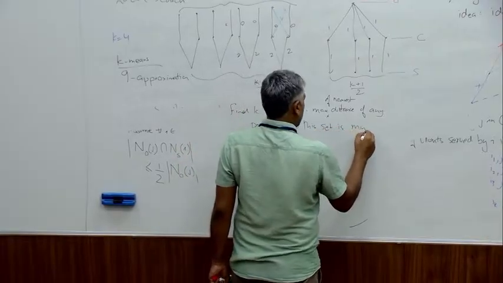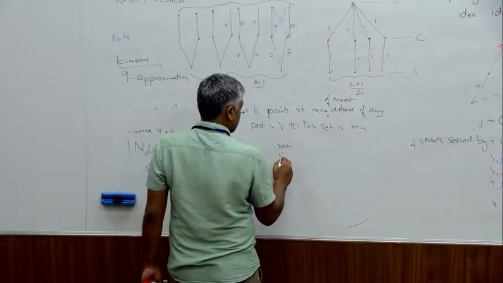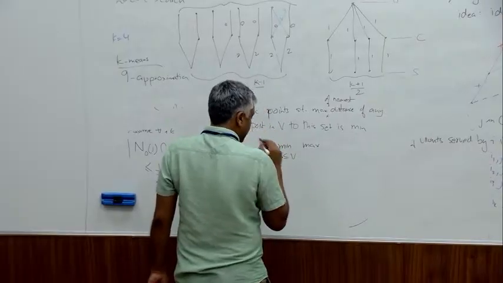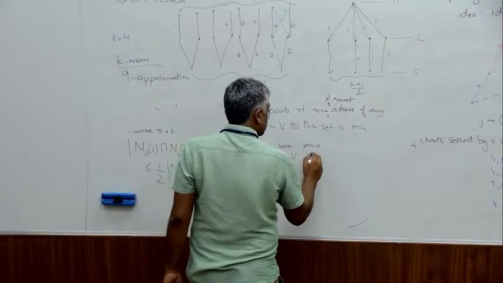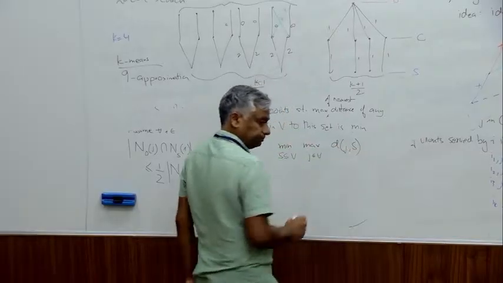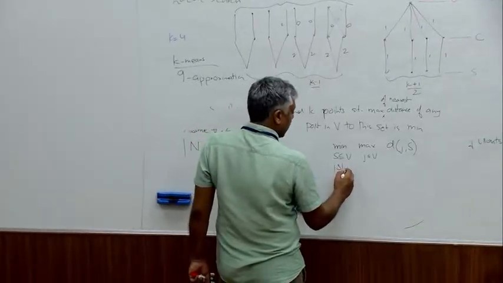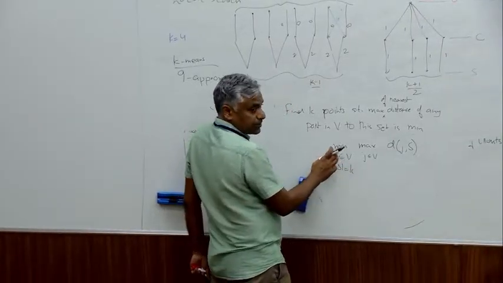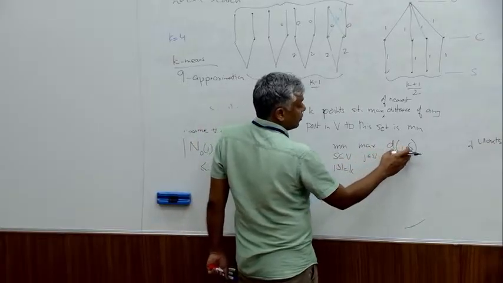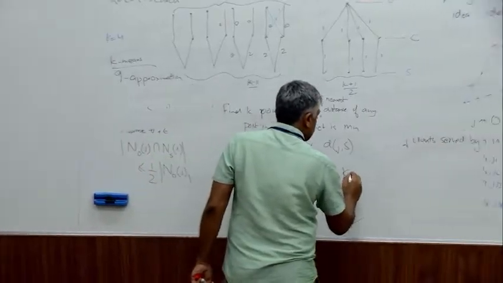Formally I could write it as you're finding minimum over all choices of S, max over all j belonging to V, distance of j to S. So you want to find a set S of size k, the best set S such that the max over all j of the distance of j to S is minimum. So this is called the k-center problem.